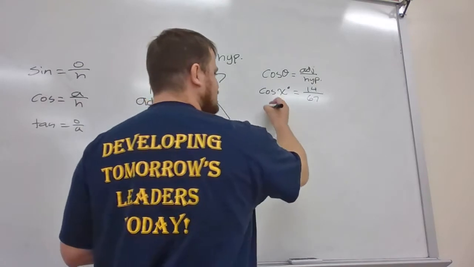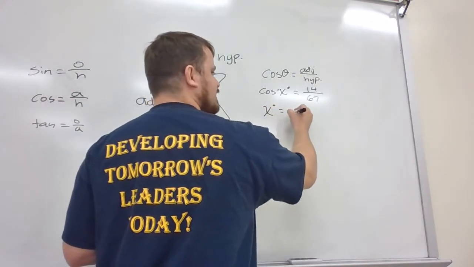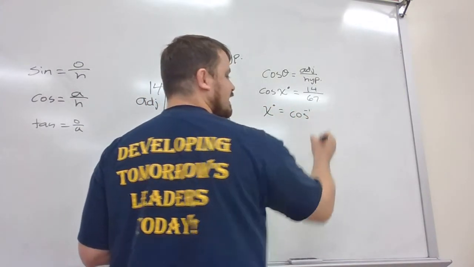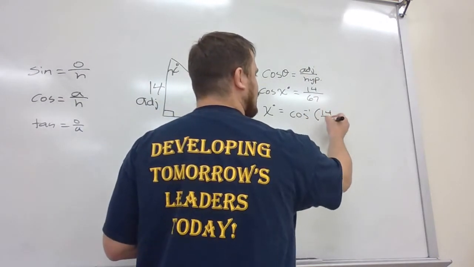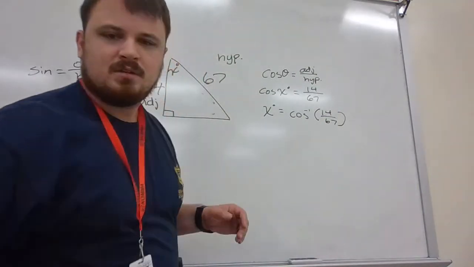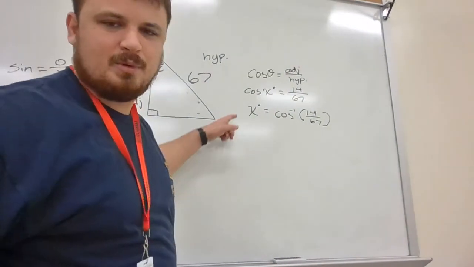And so we have x degrees equals cos inverse 14 over 67.